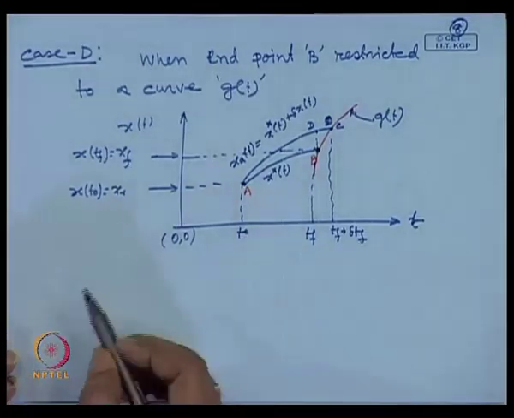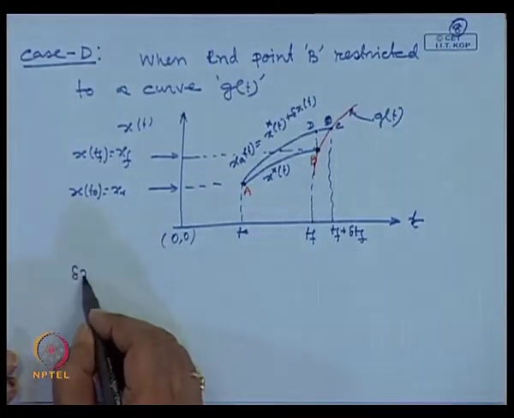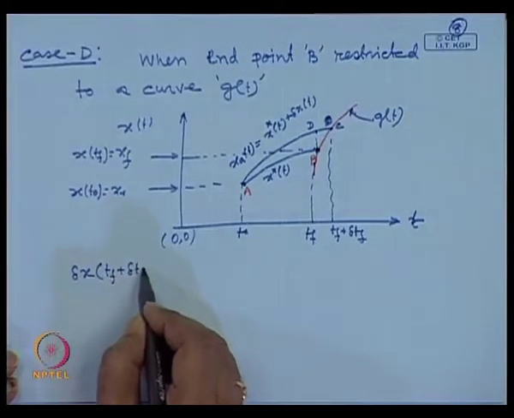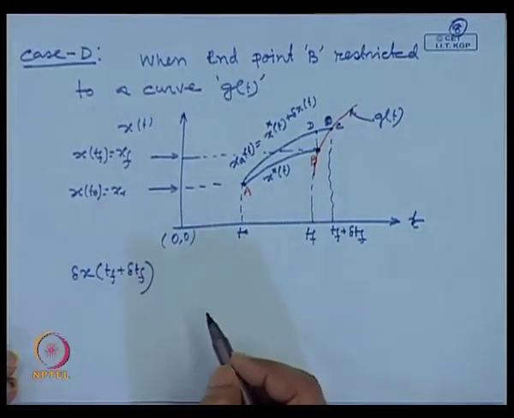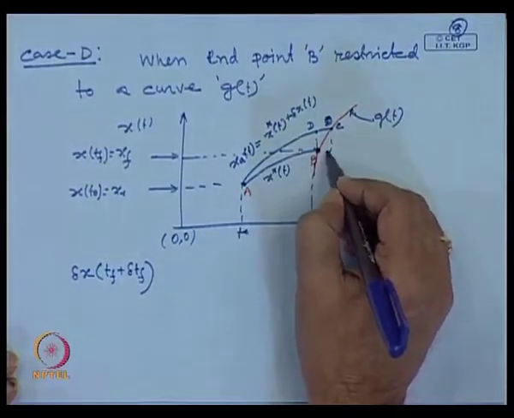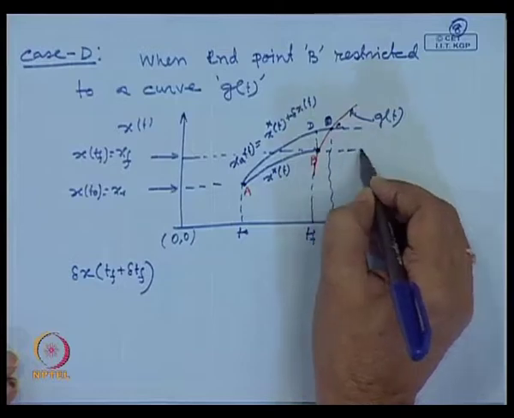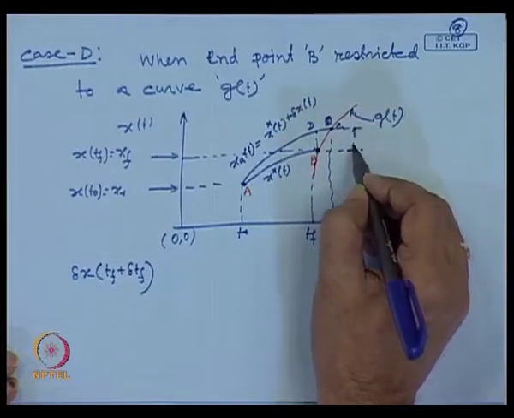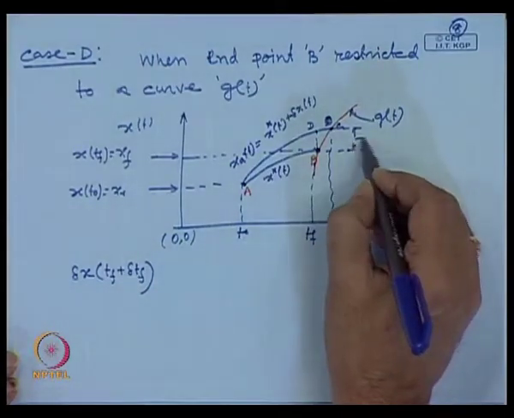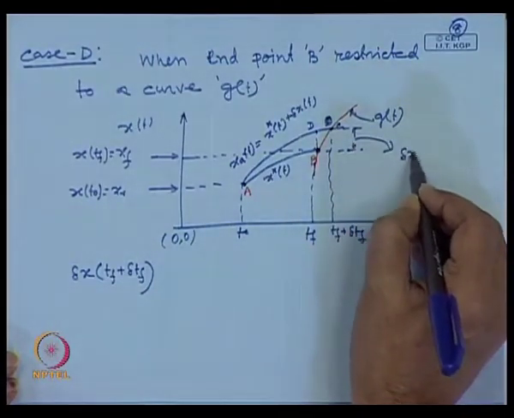So we can write delta x of T f plus delta T f, which I denote by delta x f.